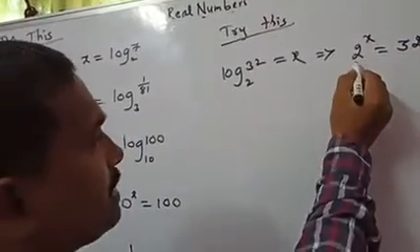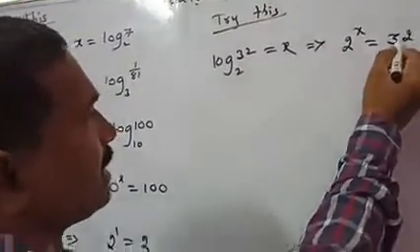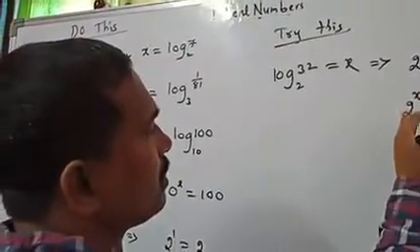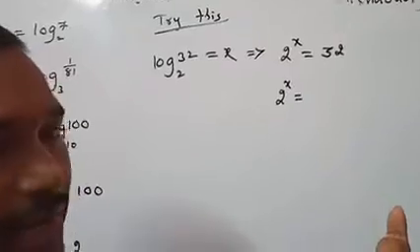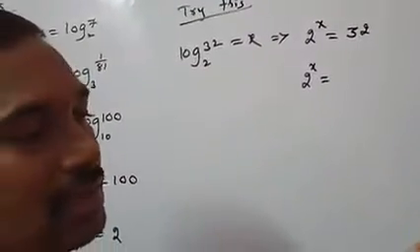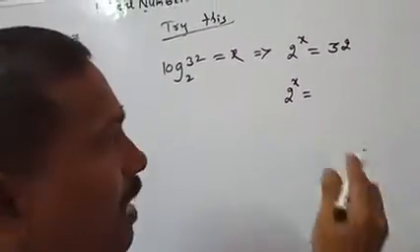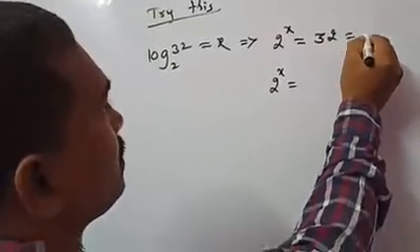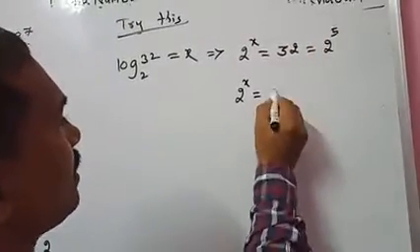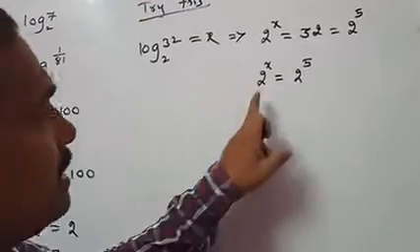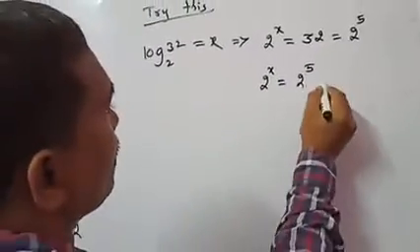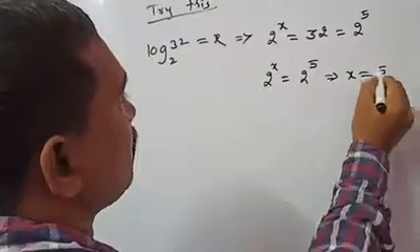The left side base is 2. Write 32 in powers of 2. 2 2s are 4, 4 2s are 8, 8 2s are 16, 16 2s are 32. If 2 is multiplied 5 times, we get 32. So we write 2 power 5. By comparing both sides, bases are equal, so powers are equal. So x equal to 5.